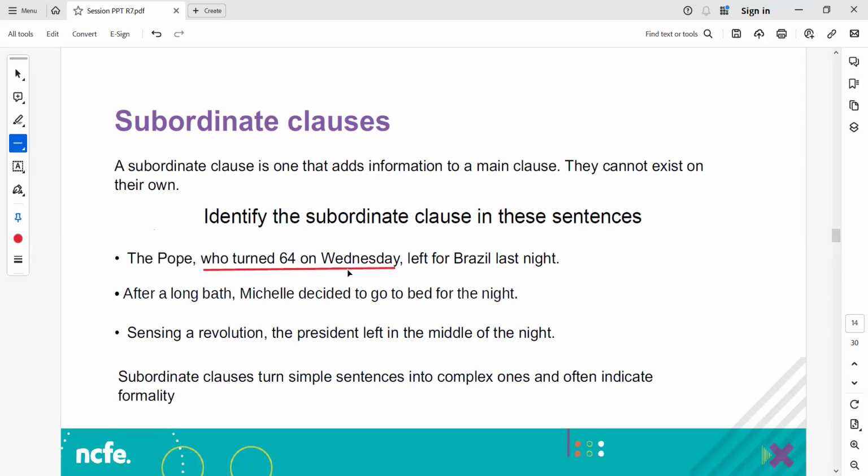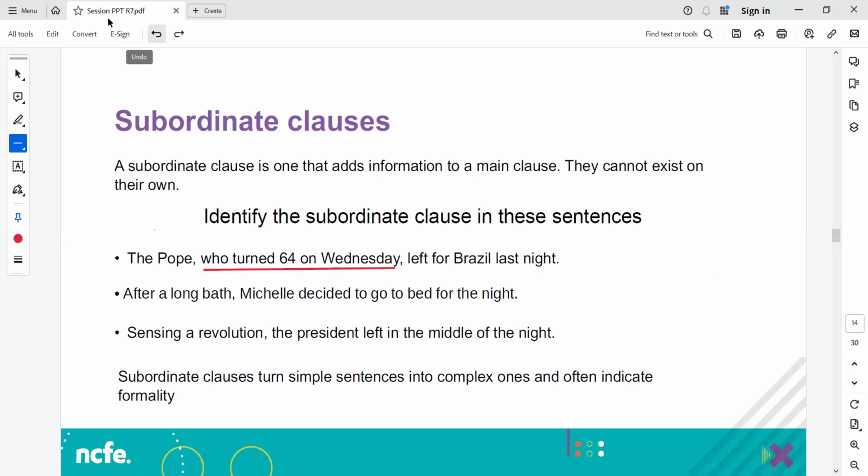If that part of the sentence was deleted, if we crossed it out, then the sentence still makes sense. The Pope left for Brazil last night. But that part on its own doesn't make sense as an independent sentence. So who turned 64 on Wednesday does not make sense on its own, unless you could argue if you changed it to a question, but that's not what we're doing.